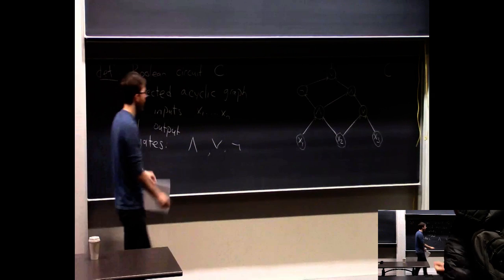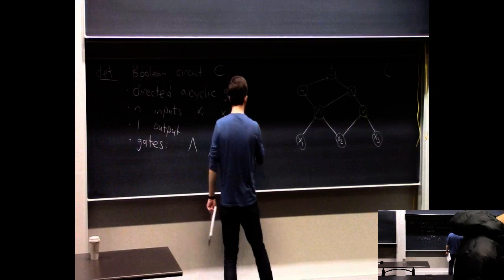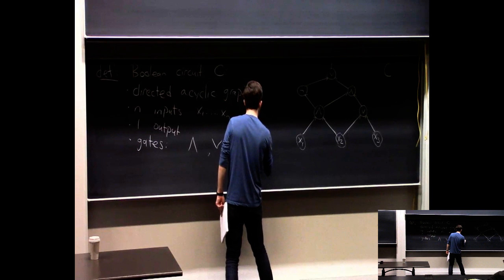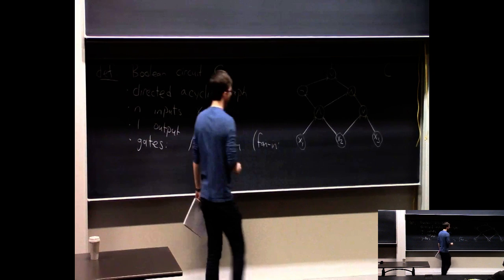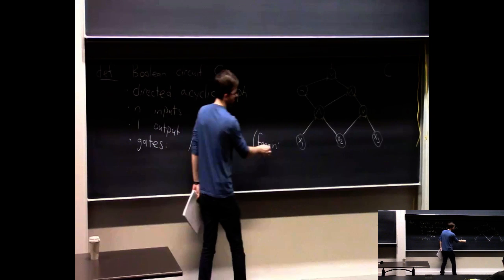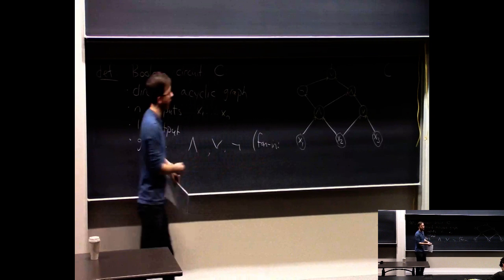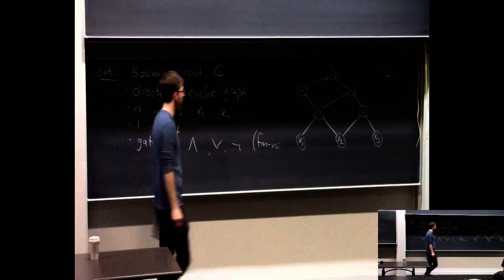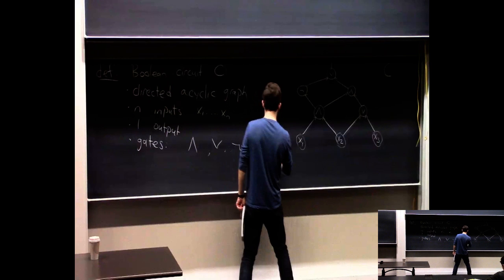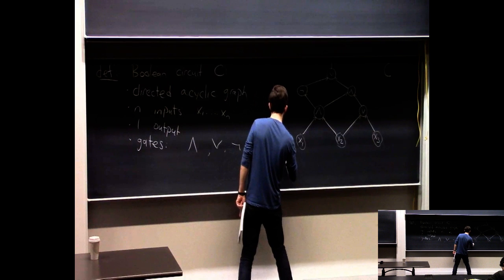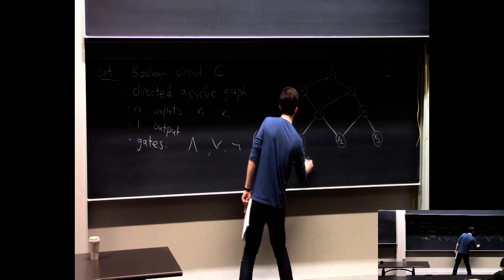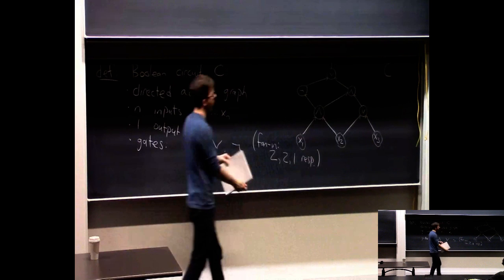And these gates have what's called fan-in. Fan-in just means the number of inputs coming in. And sometimes in circuits, you let and and or have as much fan-in as you want. But let's, again, just keep it simple and say these three kinds of gates have fan-in 2, 2, and 1, respectively. So every and should have 2 inputs coming in.